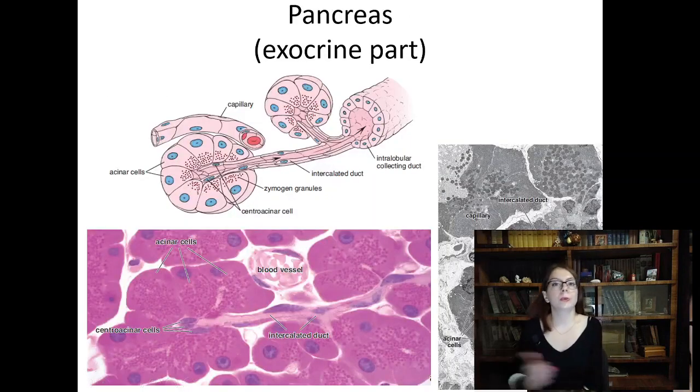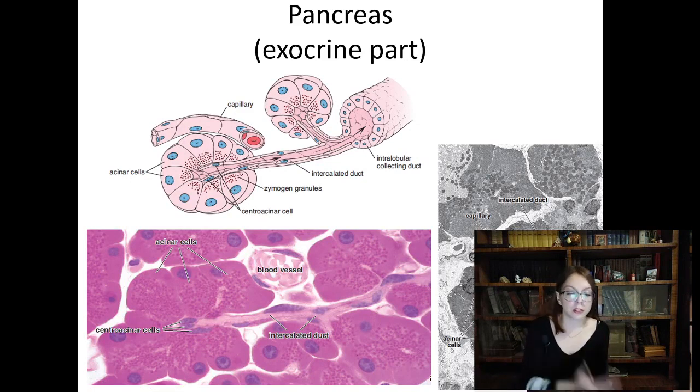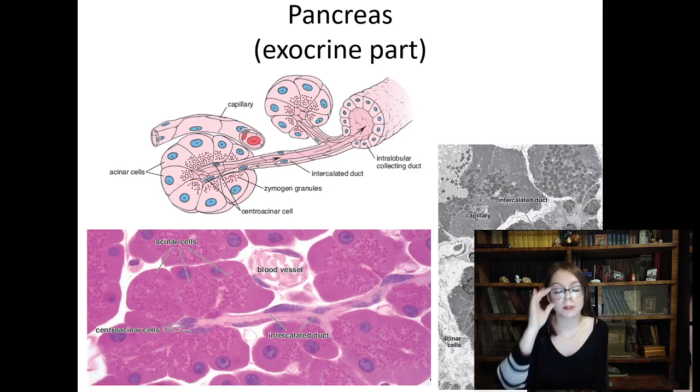Okay, and the last component of our lecture is the pancreas. The pancreas is a very well-known gland, as it has its exocrine and endocrine portions. And first we are going to discuss its exocrine part, which is represented by acini. The pancreas resembles our parotid gland, a salivary gland.